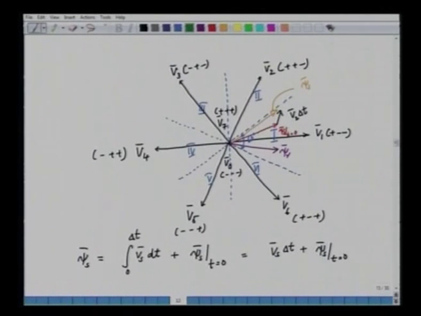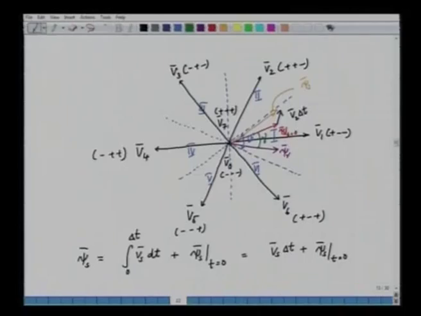This is our gamma. And if we do not want to change gamma, we have to freeze the stator flux vector. The flux vector should neither be accelerated nor decelerated. The angle at that instant should be held constant. And if you want to hold that angle constant, you have to apply a 0 voltage vector.